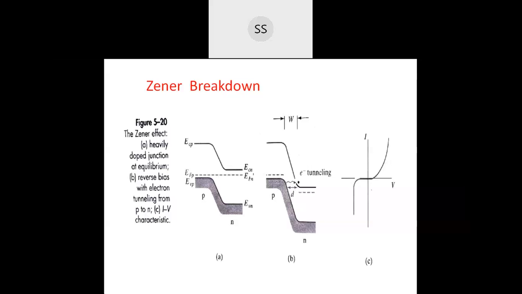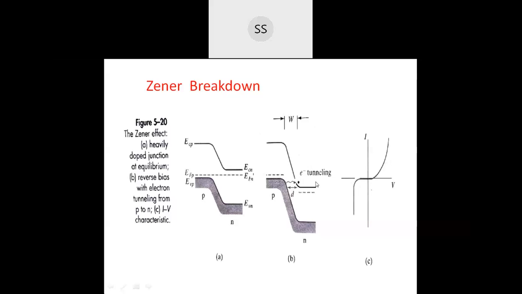So therefore, however, this particular d becomes smaller as the reverse bias voltage increases. As the reverse bias is increased still more, it may get still narrower, and more steeper also at the band edges.